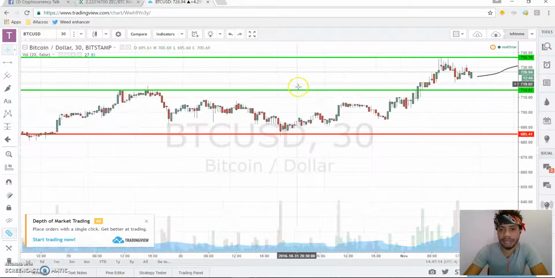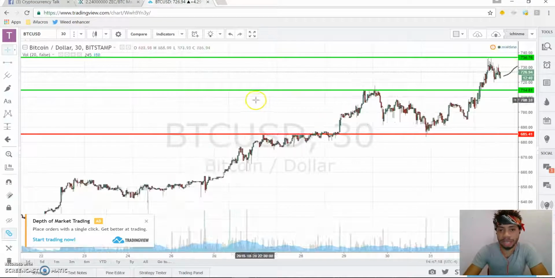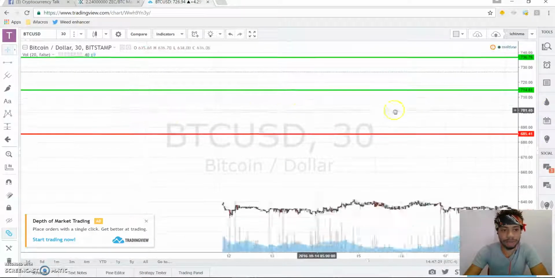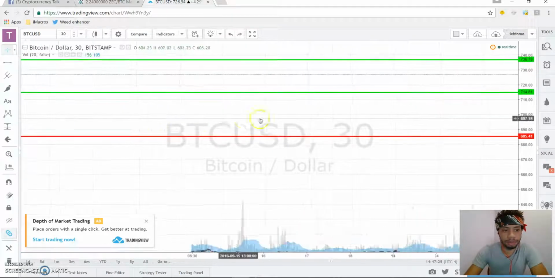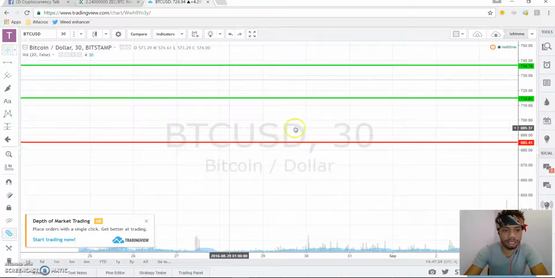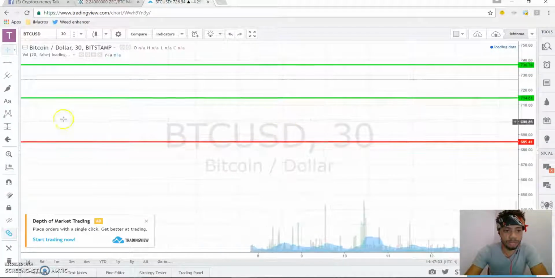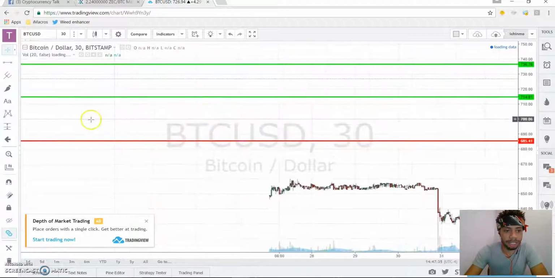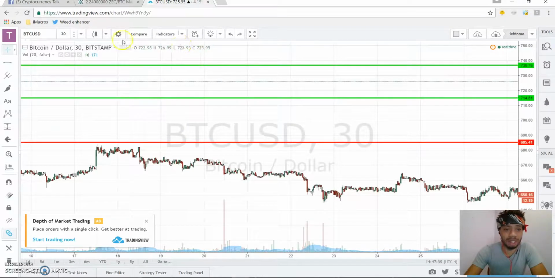Now this line right here probably goes back to another. Let's try and find it real quick. Not last year, but the last run up, this is going to be somewhere where it came down and touched this line. Oh, it's the 30-minute. Let me get on one day.